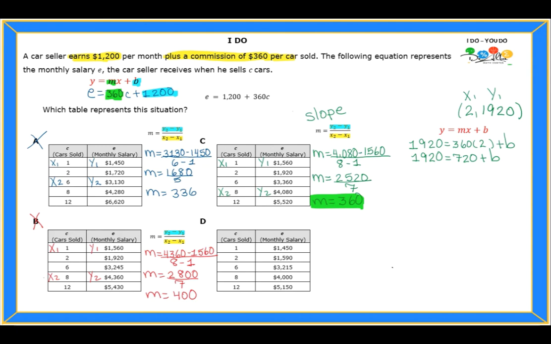So what I need to do next is remove the 720, so I will subtract 720. 720 minus 720 is 0, so it cancels. B is equal to 1,920 minus 720. We get 1,200. And I hope that you say again, bingo, Miss! That's the second answer that I was looking for, 1,200. Therefore, my answer for this problem should be letter C.